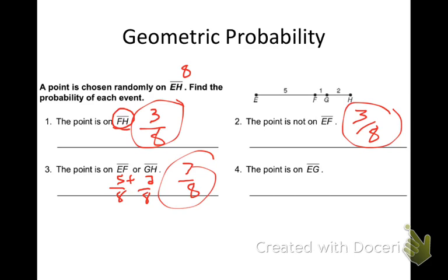And then number 4. The point is on EG. Well, how long of a segment is EG, Anna? 6 out of the whole segment is what? Which simplifies to what? Nice job. And that's geometric probability, using geometric shapes to find these sets of probability.